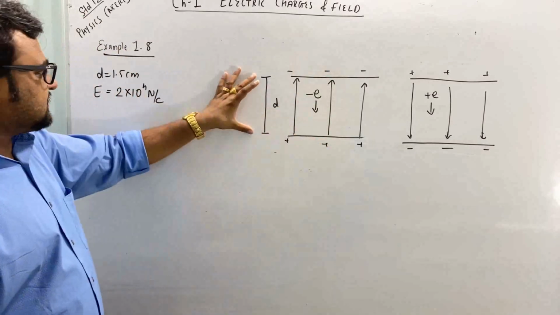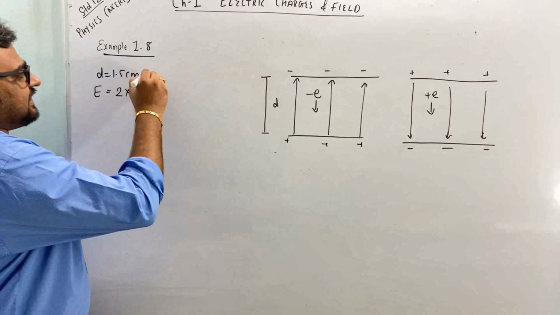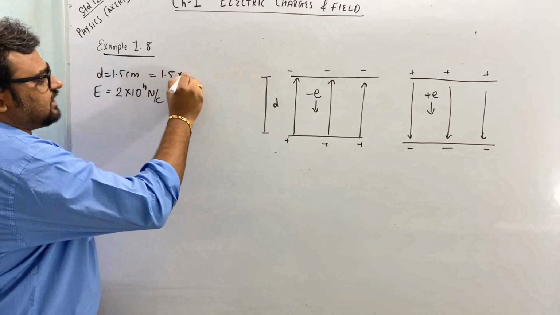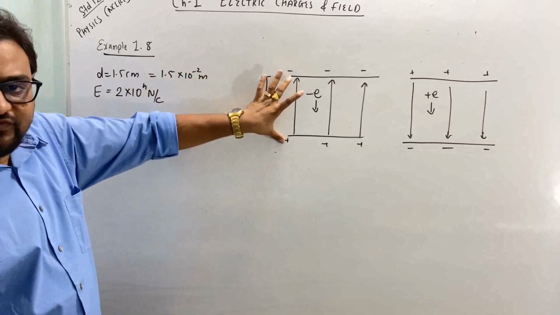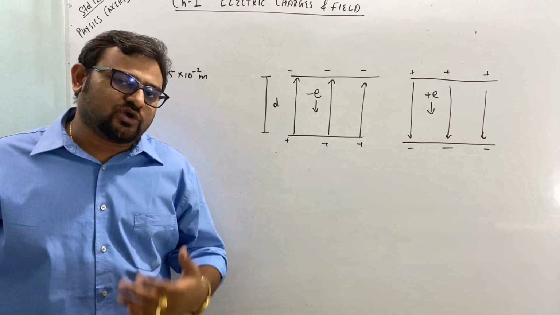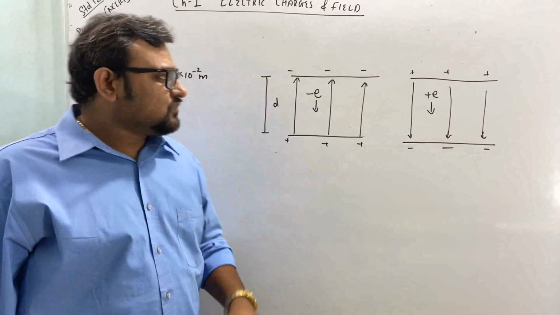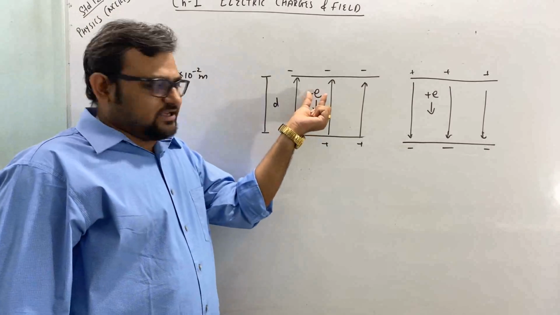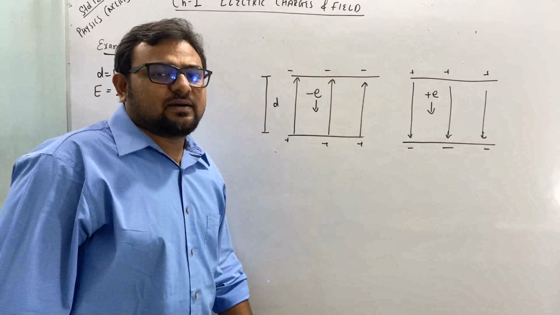This distance is given as 1.5 centimeter, so I am taking it as 1.5 into 10 raised to minus 2 meter. The magnitude of this electric field is 2 into 10 raised to 4 Newton per coulomb. Right? Now, an electron is placed here at the top.